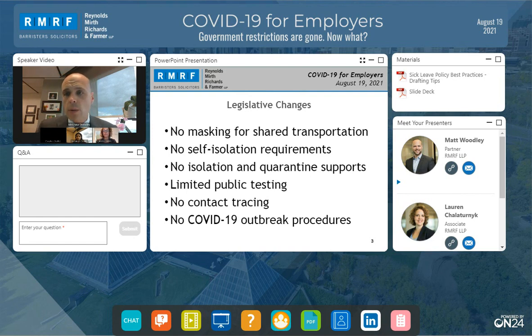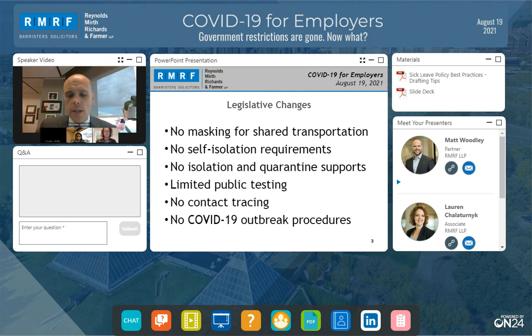Importantly, if an individual tests positive for COVID-19, that individual will no longer be required to self-isolate, but it will be strongly recommended. And isolation and other quarantine support mechanisms, for example, quarantine hotels and other financial supports, will no longer be available since that self-isolation period will no longer be mandatory.